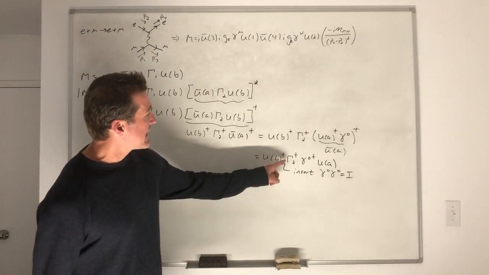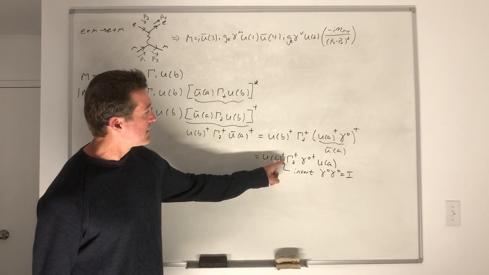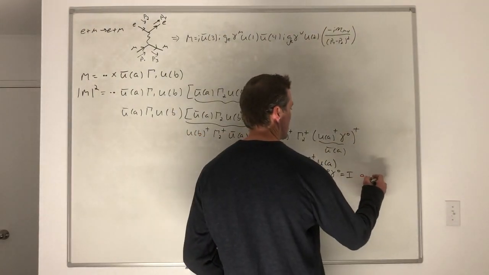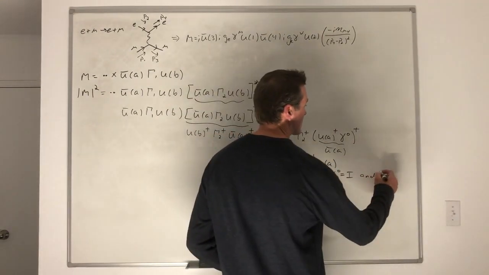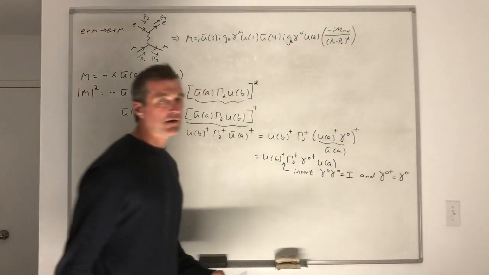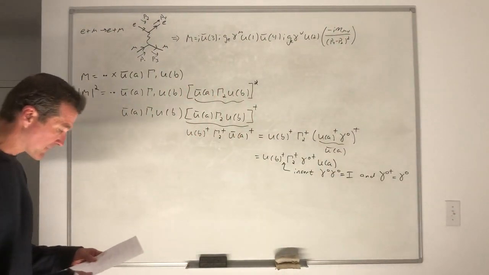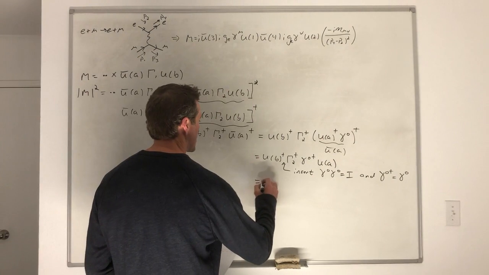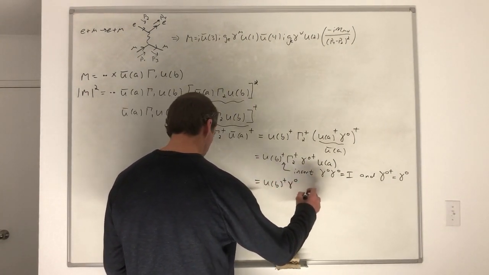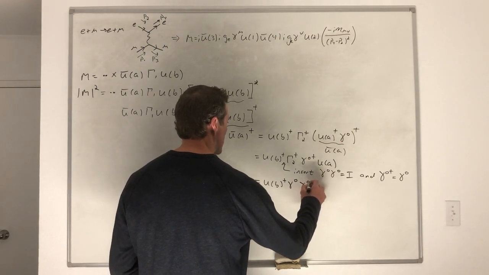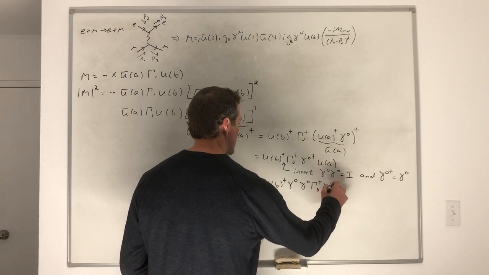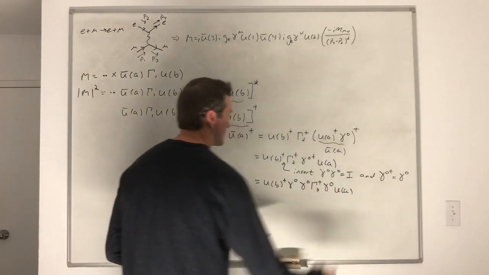So I can insert a gamma 0 squared here, and then I can remind myself that gamma 0 dagger is equal to gamma 0. Okay? So this is going to boil down to UB dagger, gamma 0, gamma 0, gamma 2 dagger, gamma 0, U of A.